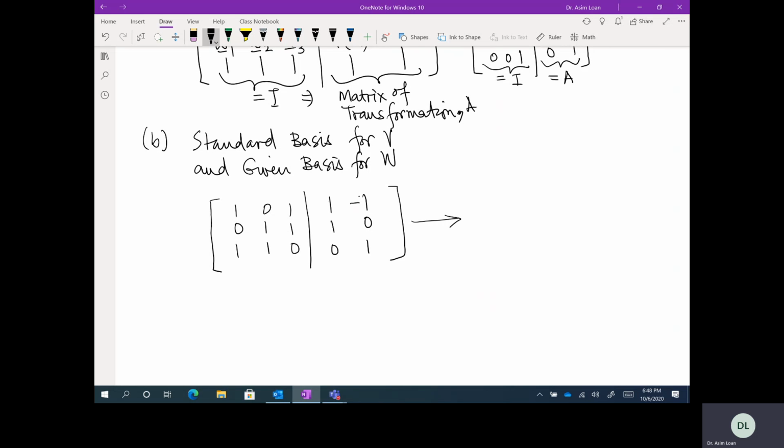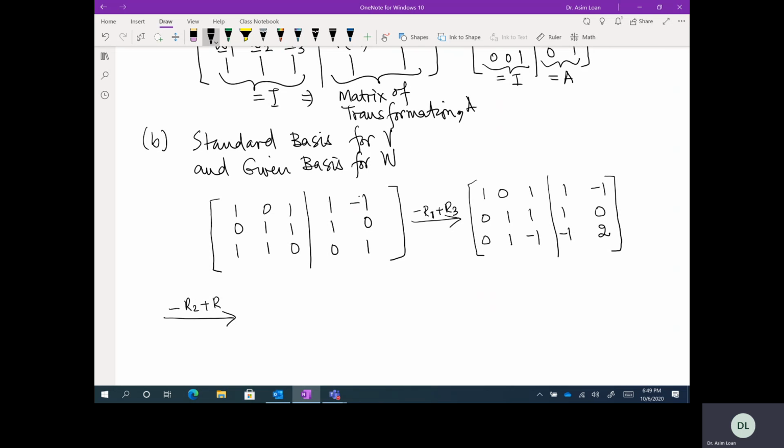If I want to do reduced row echelon form, I'll do minus row 1 plus row 3. If I do that, I'll get 1, 0, 1, 1 minus 1, 0, 1, 1, 1, 0, minus 1 plus 1 is 0. This is 1. Minus 1, 0 is minus 1. Minus 1, 0 is minus 1. Plus 1 is plus 2. Then I do minus row 2 plus row 3.